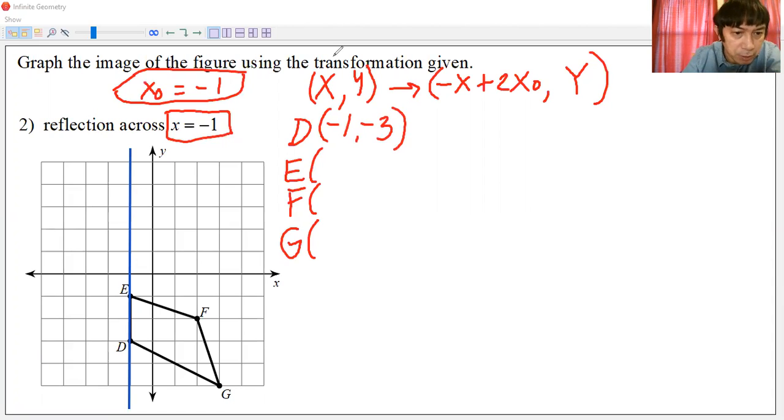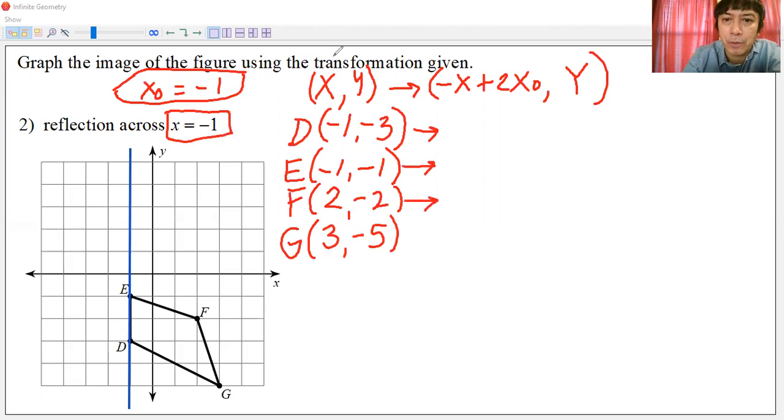Our point E is -1, -1. We should know how to read this, of course. -1, -1 at the third quadrant. Our point F is 2, -2. Our point G is located at 3, -5.